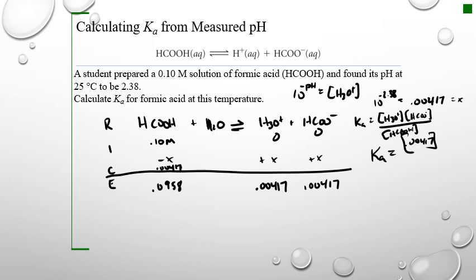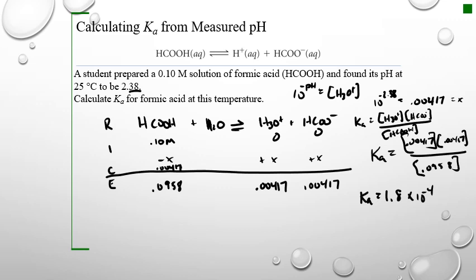So I take the 0.00417 times 0.00417, and we would divide it by 0.0958. So if we do that, we end up with a Ka value equal to 1.8 times 10 to the minus 4th.